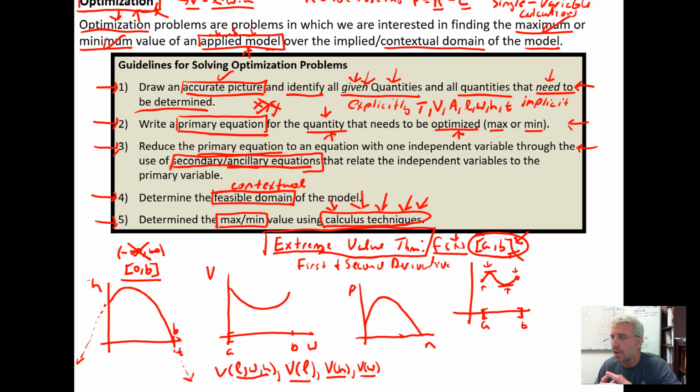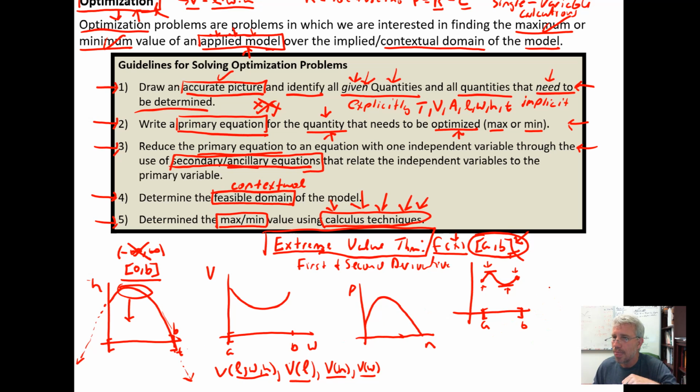So for example, if you have a closed domain and a parabola opening downwards, so it's concave down, and we have a closed feasible domain that we're working over, we could say, hey, because it's a parabola opening downwards, I know that if I have a critical number, it's going to correspond to a maximum.